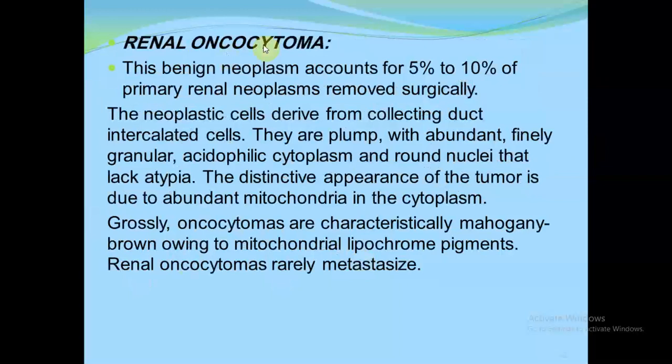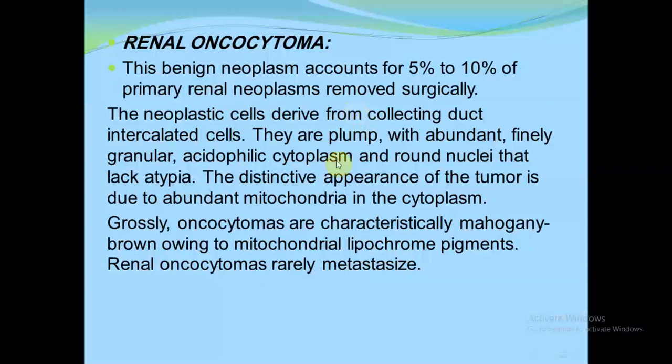Renal oncocytoma: the word oncocytoma comes from acidophilic cytoplasm. This tumor shows acidophilic cytoplasm because of excessive mitochondria deposition, so there will be abundant finely granular acidophilic cytoplasm. Grossly it is always well circumscribed, and in incidence it accounts for 5 to 10% of primary renal neoplasms.